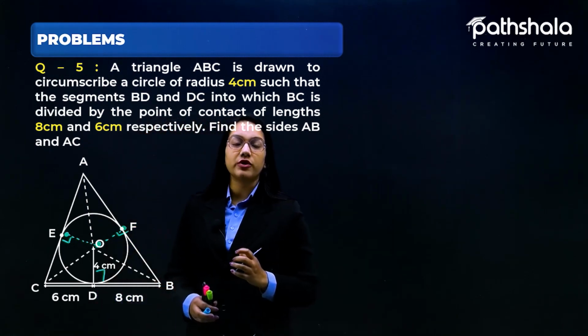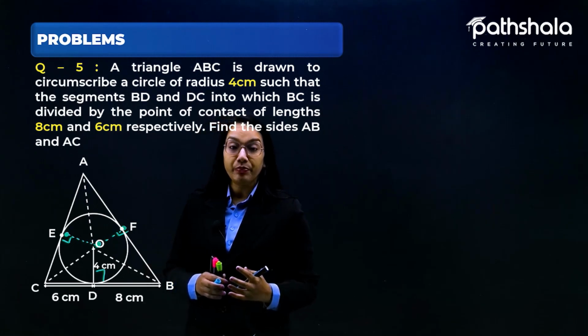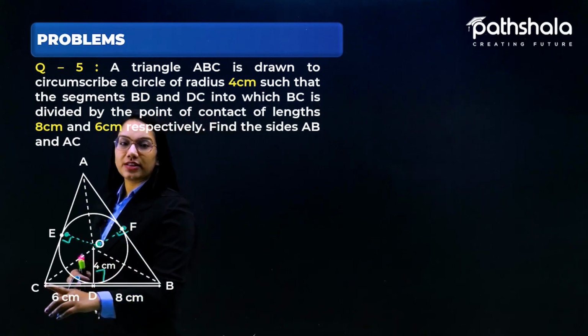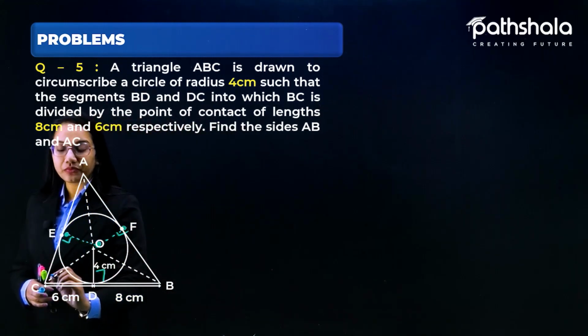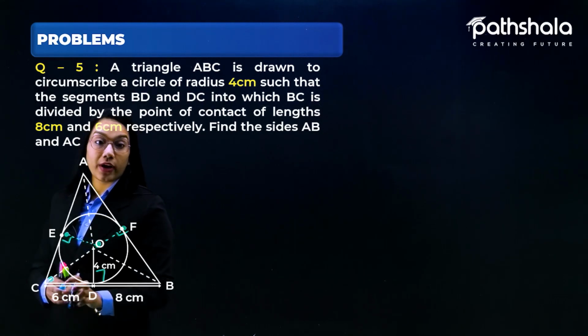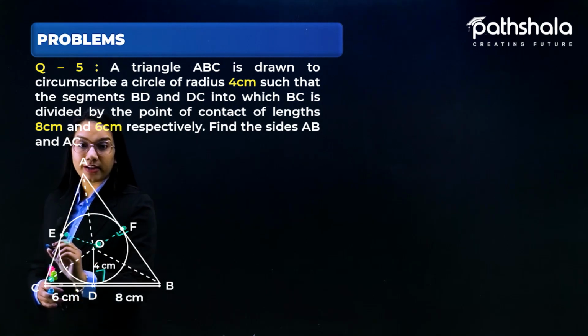Now we have to find the sides AB and AC. First of all, this point C is an external point, and it is drawing two tangents to this circle. If this is 6 cm, then this is also 6 cm.